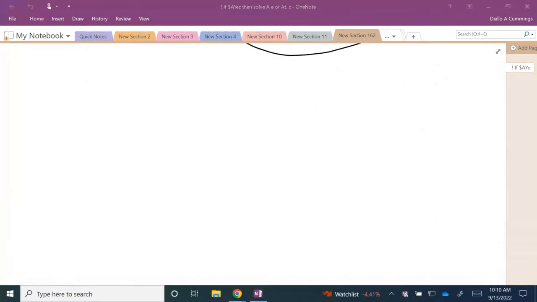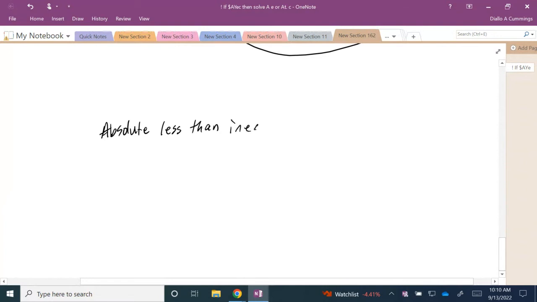Okay, so now we'll take a look at those formulas, and I'm just going to write them in a simplified manner. So this is the absolute less than inequality.